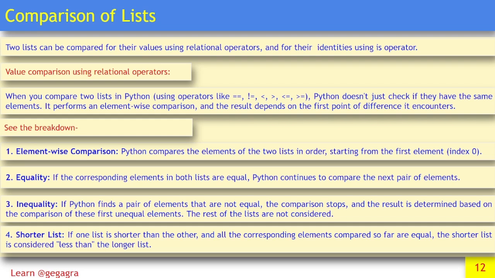Means the first list has 3 elements and it is less than the second list. Why? Because the second has the same 3 elements, but one element is added on. So the length of the second list is greater than the length of the first list. So the shorter list is always considered less than the longer list.